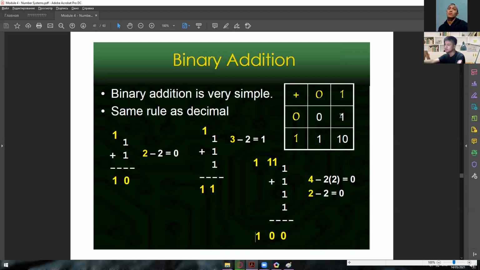Maybe I'm lost. 1 plus 1 is 10, 0 plus 0 is 0, 1 plus 0 is 1, and 0 plus 0 is 0. 0 plus 1 is 1, and then 1 plus 1 is 10. I was missing this part a while ago. Anyway, that's how you add binary.